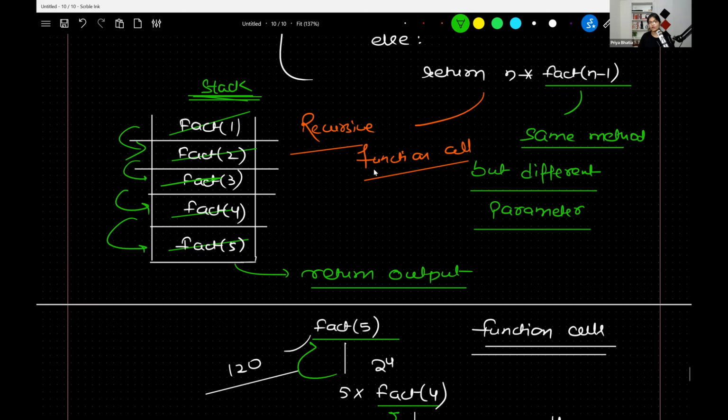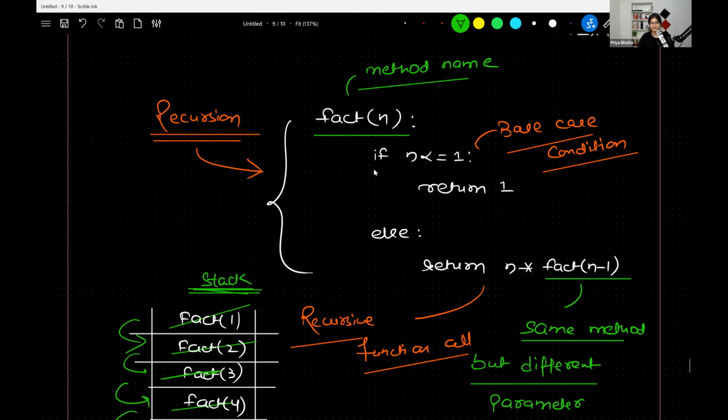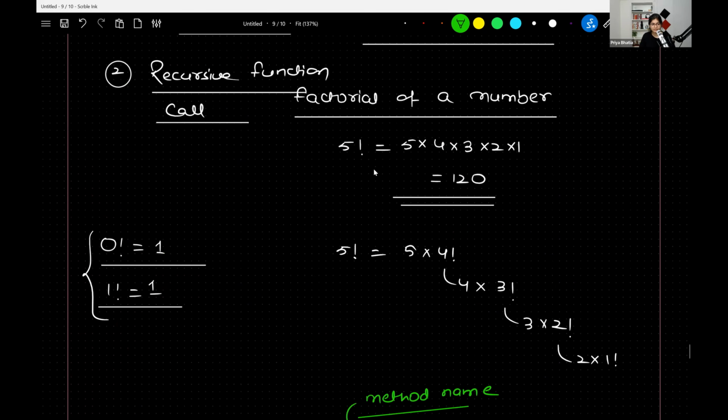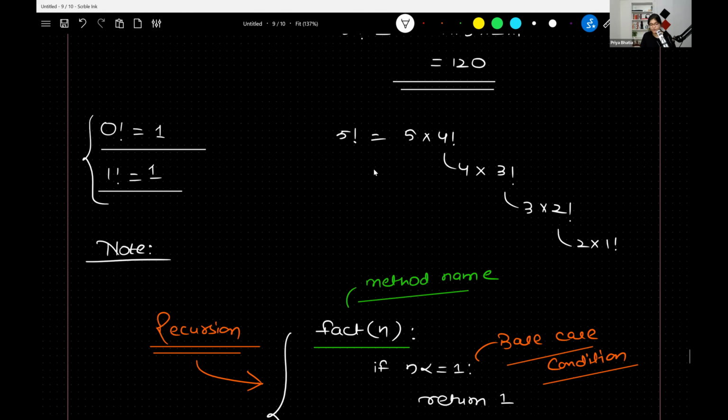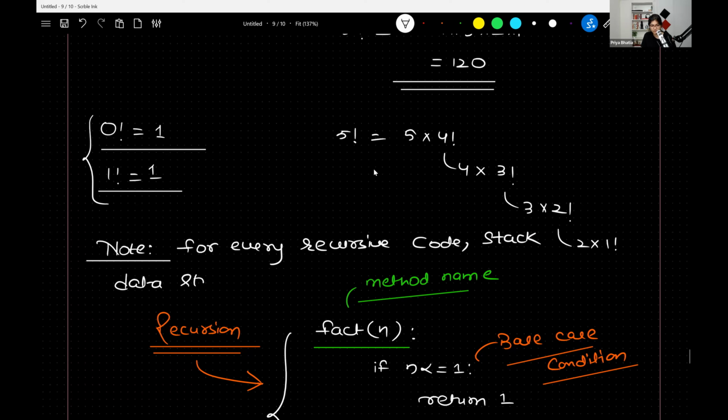So there is a point to note here. For every recursive code, we always require a stack-based data structure to store the function calls.